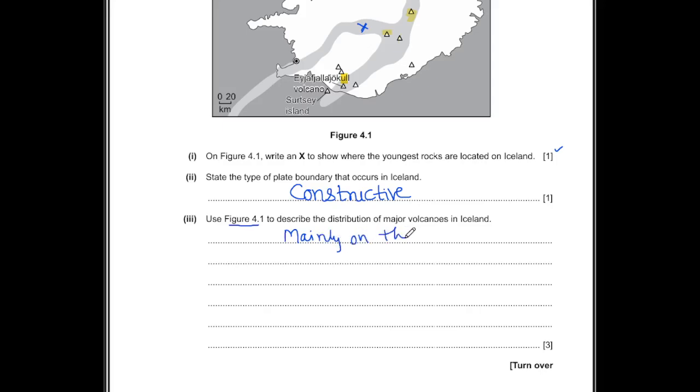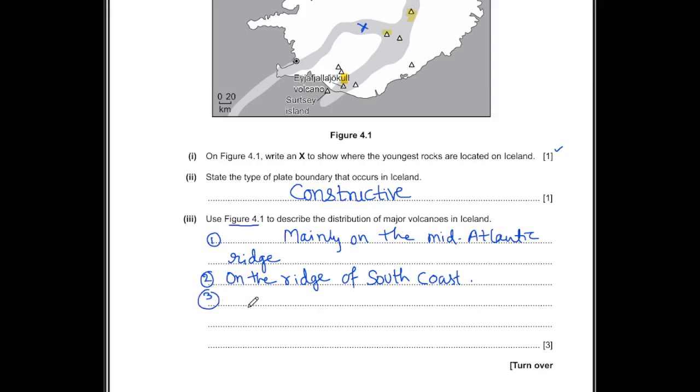The first point: mainly on the mid-Atlantic ridge. The second point: on the ridge of the south coast. Here, at the bottom, you can see the south coast. They are present on the ridge of the south coast.